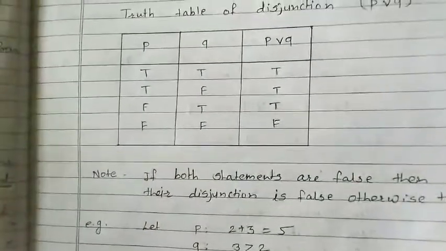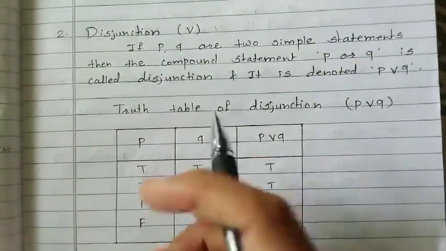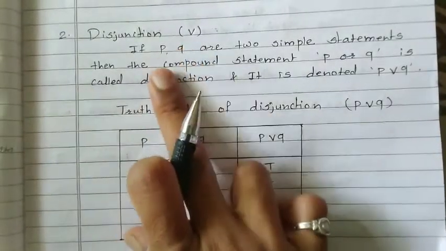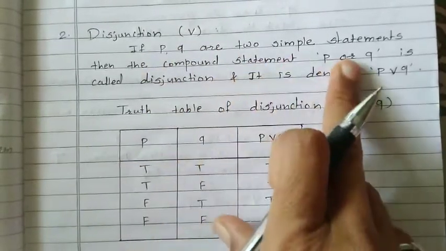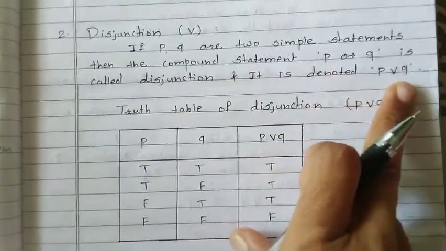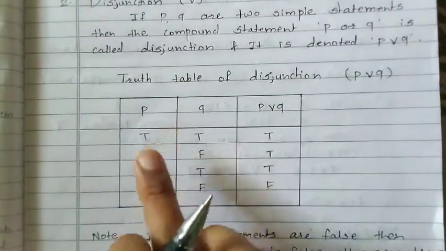Now look at the second point. Second connective, disjunction. Similar to the conjunction. Look at the definition. If P, Q are two simple statements, then the compound statement P or Q is called disjunction and it is denoted like this, P or Q. Look at the table.